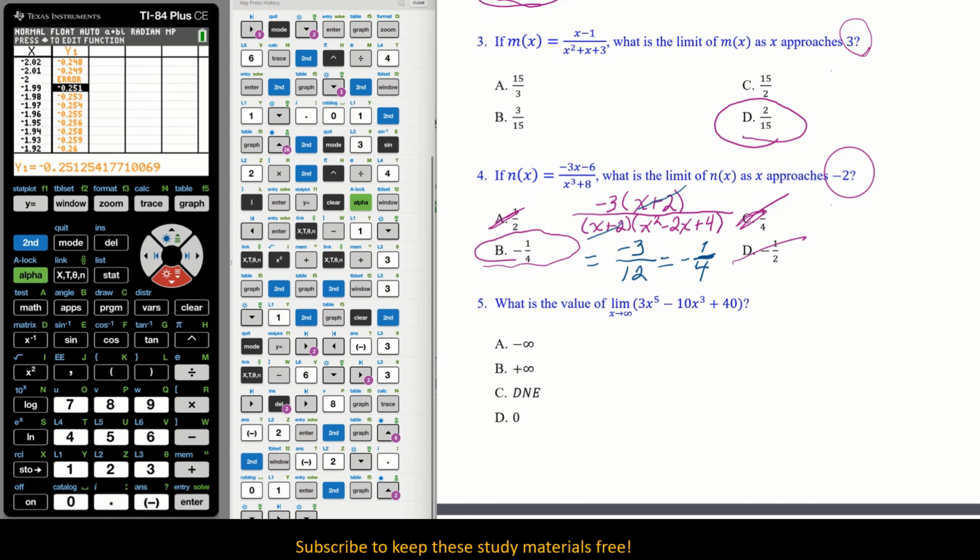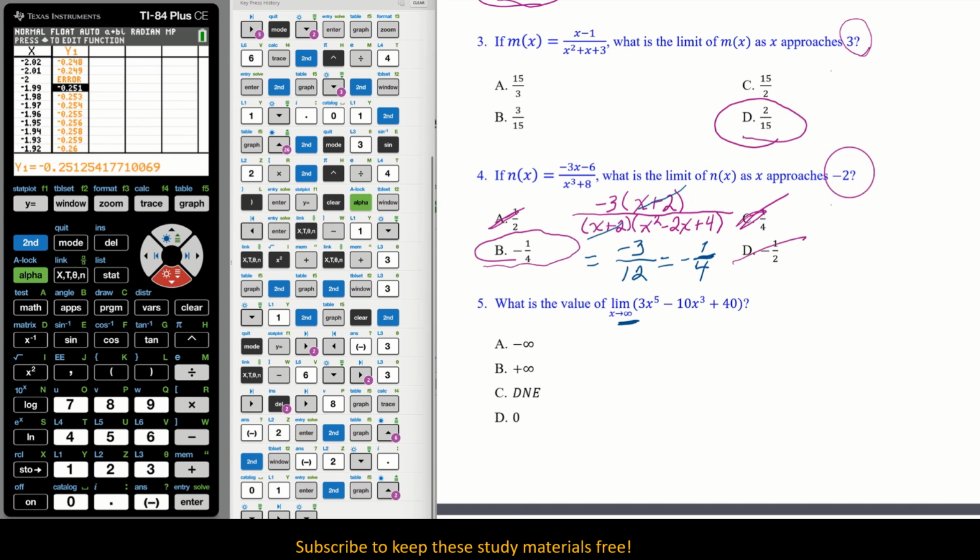What is the value of the limit as x approaches infinity? That is a whole other ball game, okay? All right, so we have 3x to the 5th minus 10x to the 3rd plus 40. Okay, so what does this mean?